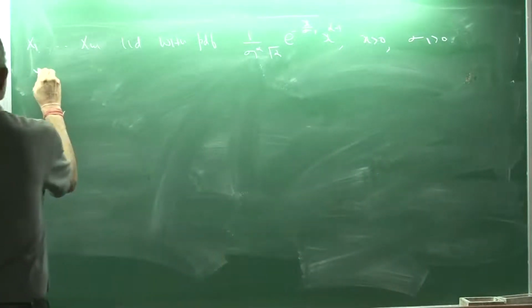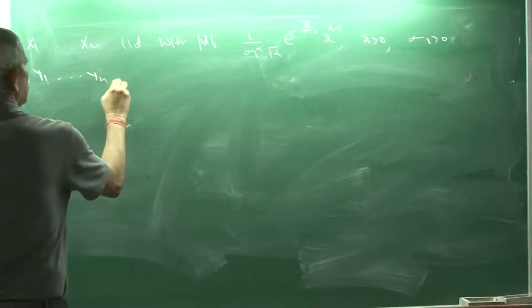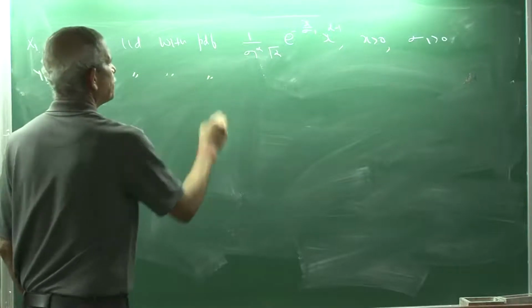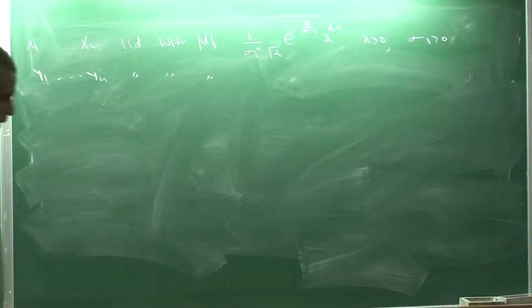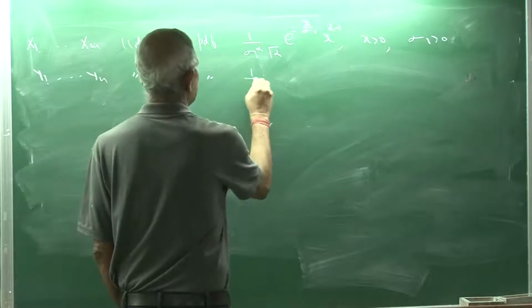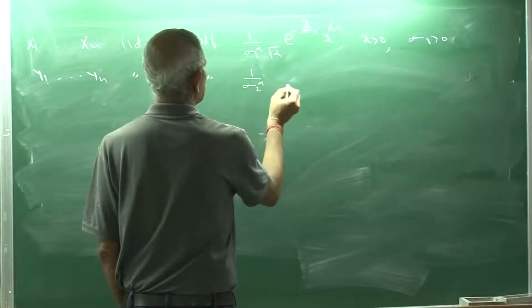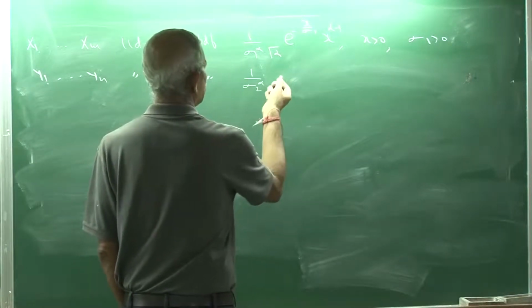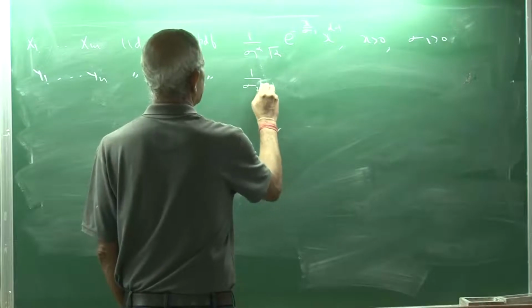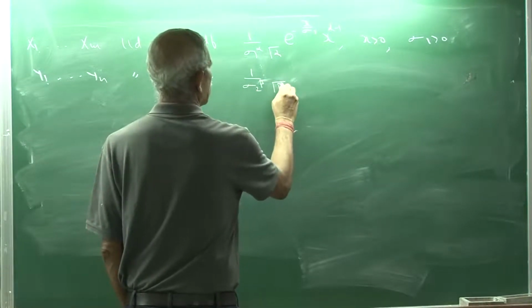And y1, y2, ..., yn is another sample with PDF 1 by sigma 2 to the power beta, gamma beta. I can choose here different alpha and beta.